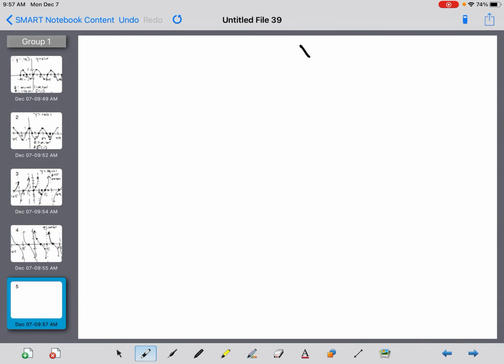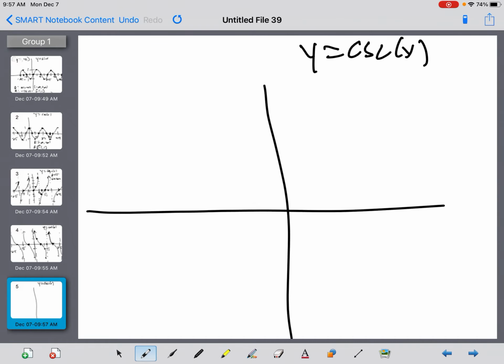All right, y equals cosecant. So we're going to start out by lightly tracing in the sine curve. So again, I'll just try to blow this up. So I'll just do one cycle here.